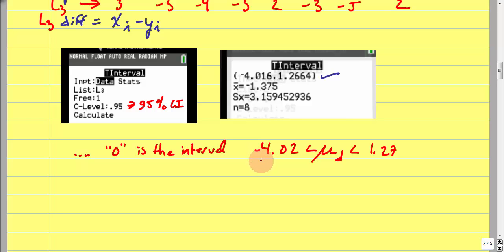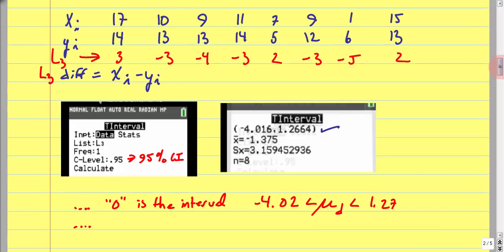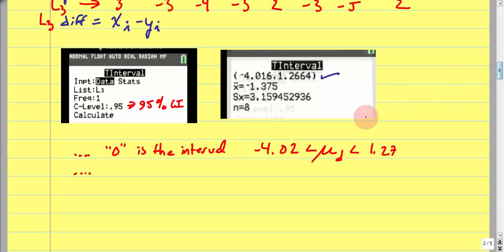So because 0 is in the interval, I cannot say anything about whether xi or yi is always going to be greater than 0 or less than 0, because the entire interval has both negative, positive, and 0 numbers. So there's really no conclusion here because 0 is in the interval.